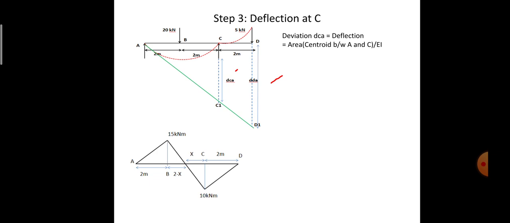So in this particular step, we are going to calculate the deflection at point C, which means the centroid will be taken from C as the reference point.